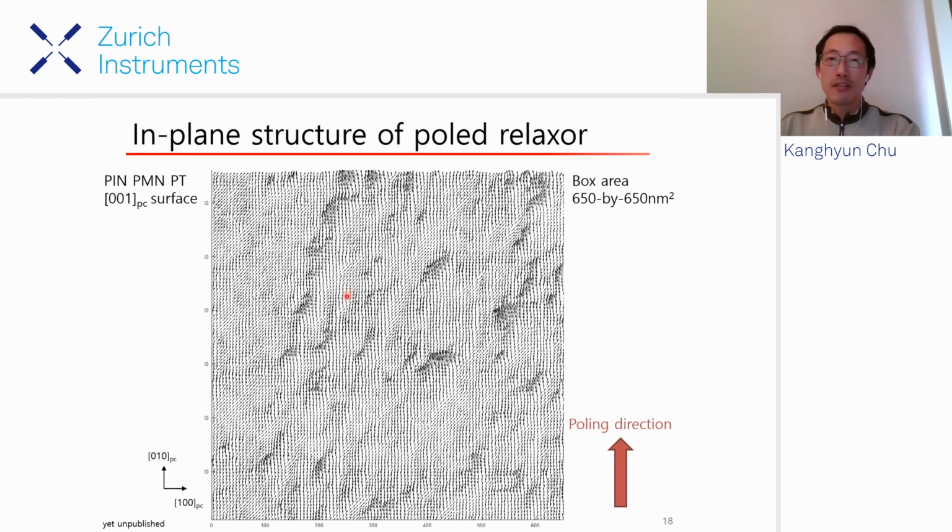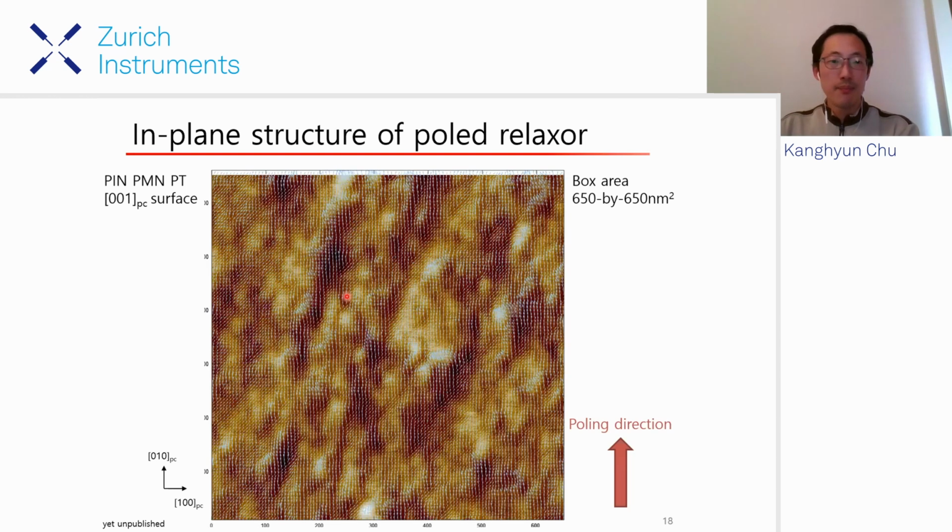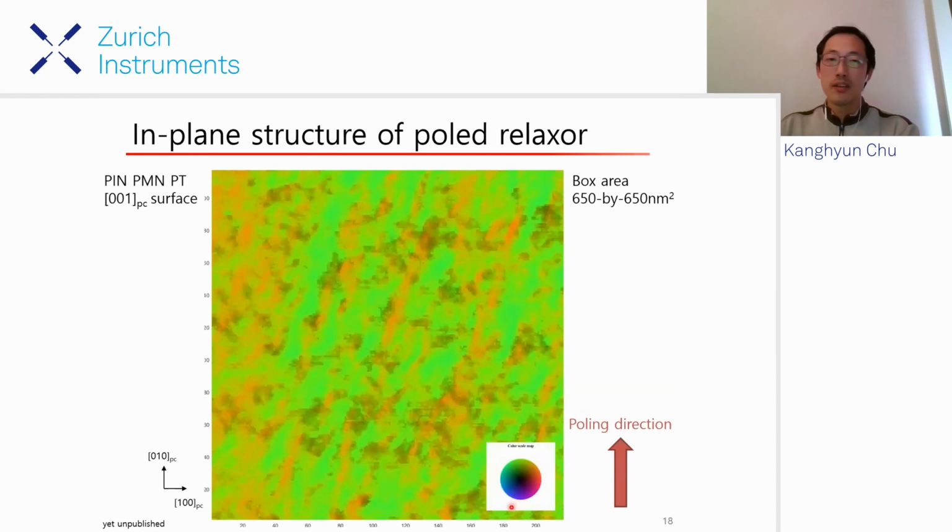If I overlay the surface image, it looks like this. And if, instead of arrows, I use this color plot, it will show like this. So maybe from this image, we can find some signature of the polar regions, etc.